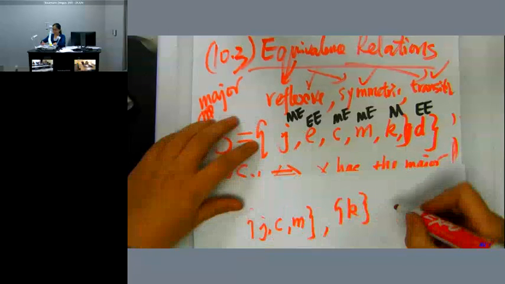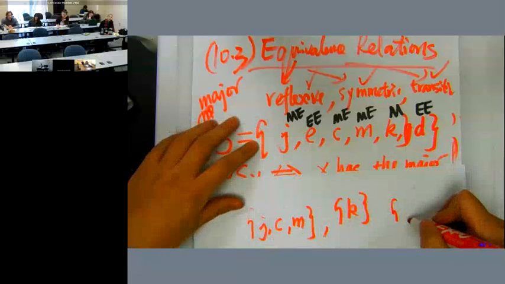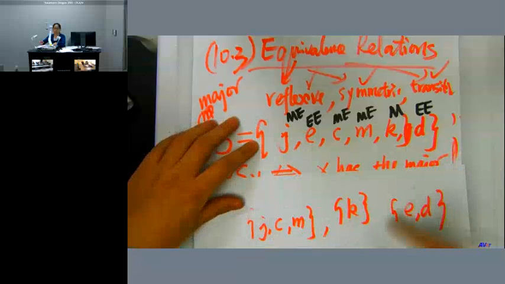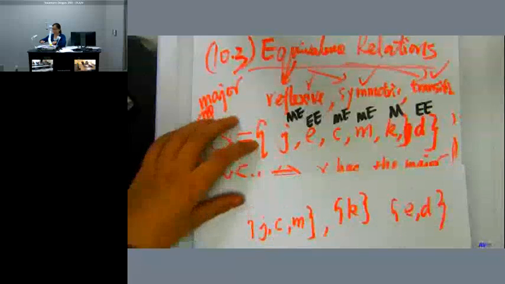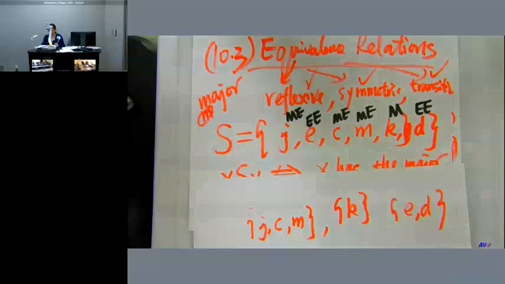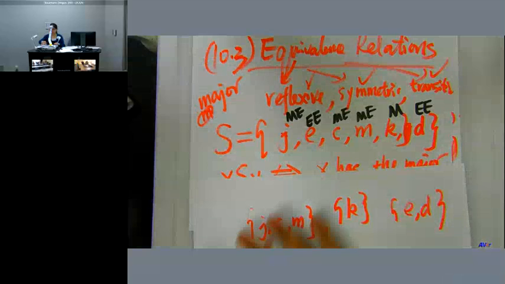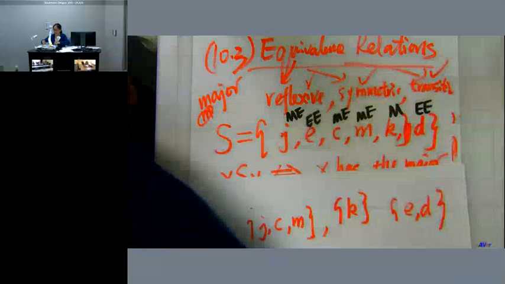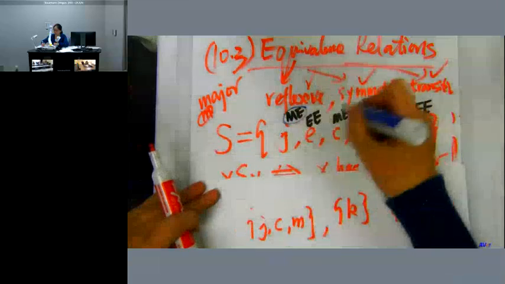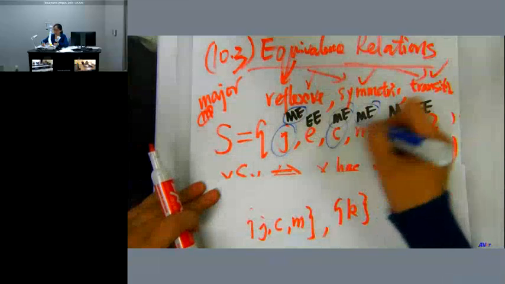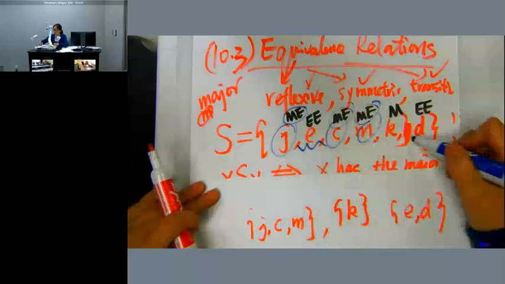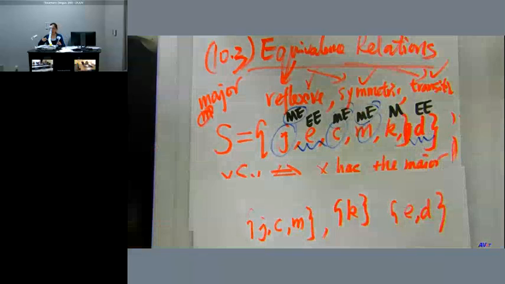And what else? E and D. Yes, they are early childhood education majors, so they will be in the same class. Because they are related. This one is very intuitive. You can just look at the majors. Middle childhood, middle childhood, so they should be in the same class. And early childhood education, they're going to be in the same class.